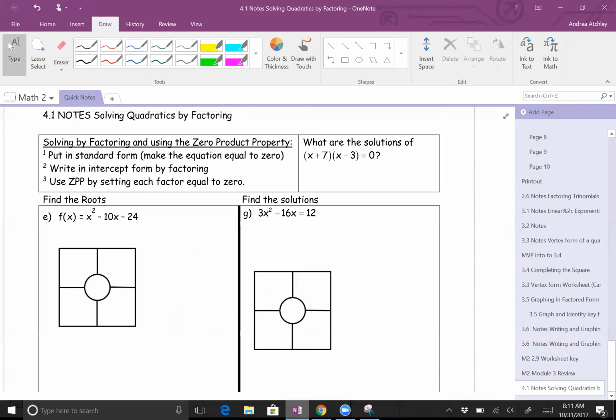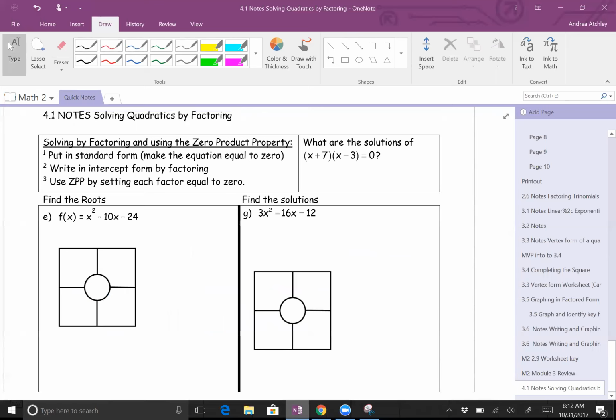So here's how we're going to do this. We're going to solve by factoring and use the zero product property. Okay, so the first thing we're going to do is put it in standard form.